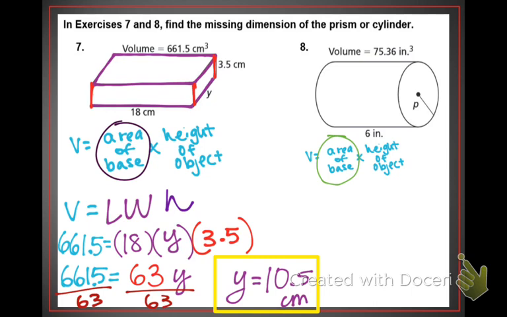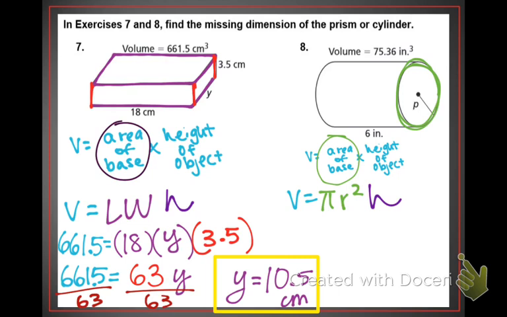Yes, that is the whole shape. So what is the shape of the base only? A circle. So what's the area formula for a circle? So we're going to plug in pi r squared times the height of the whole object.